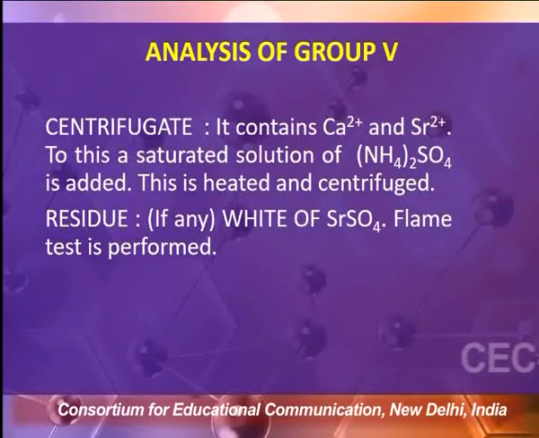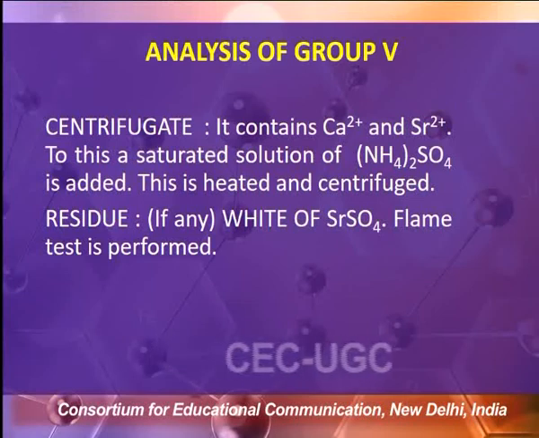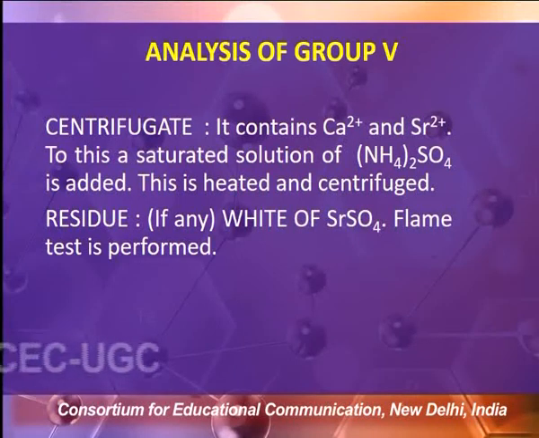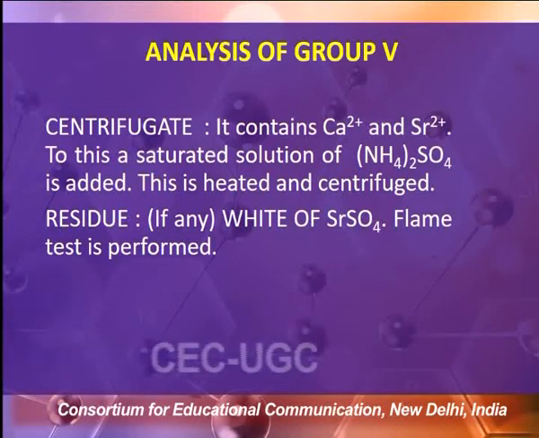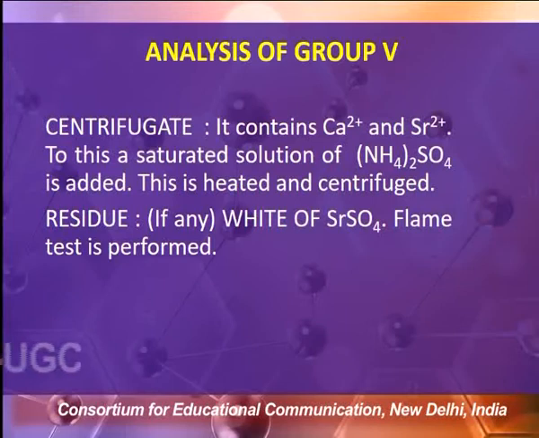Now in the centrifugate part, which might contain calcium and strontium ions, a saturated solution of ammonium sulfate is added. Then this is heated and further centrifuged. If upon addition of this ammonium sulfate solution any kind of residue is obtained, then that residue will be white and it will be of strontium sulfate.